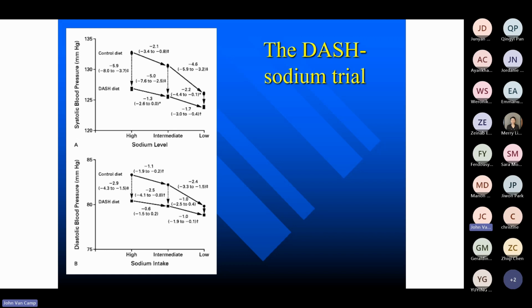The second one is the so-called DASH diet, and DASH stands for Diet Approach to Stop Hypertension. In this case, you eat more vegetables and fruits, a little bit less fat, a little bit less processed foods. So you bring it back into equilibrium, into the normal healthy triangle structure that we know.